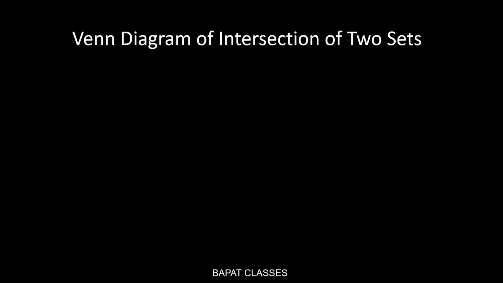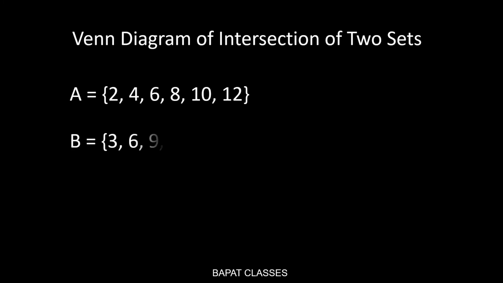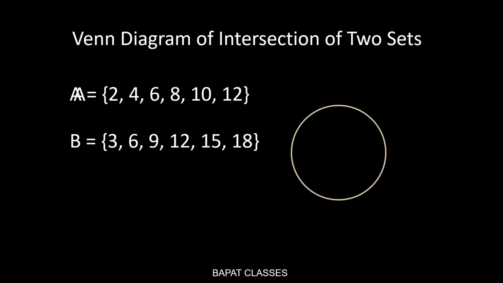Venn diagram representation of intersection of two sets. Let A be the set of first 6 multiples of 2. Let B be the set of first 6 multiples of 3. To represent intersection of two sets by using Venn diagram, first draw two circles for sets A and B with some common region.